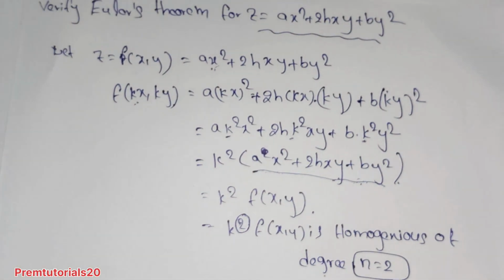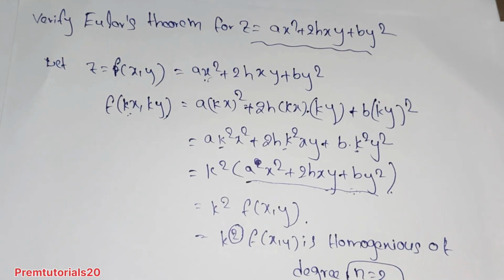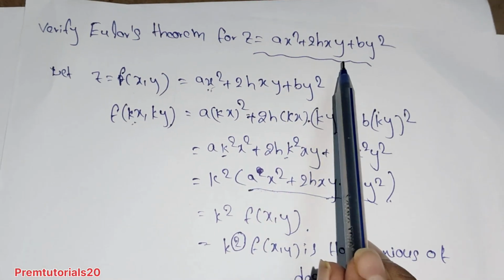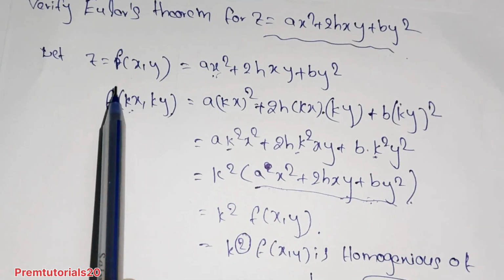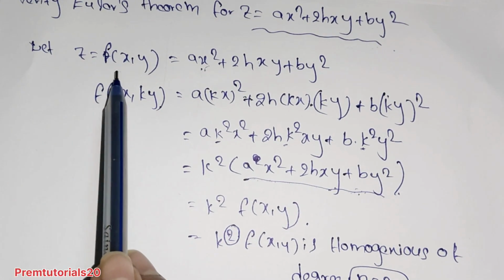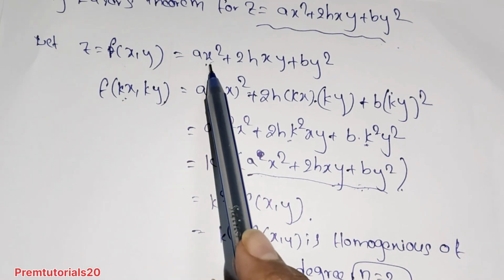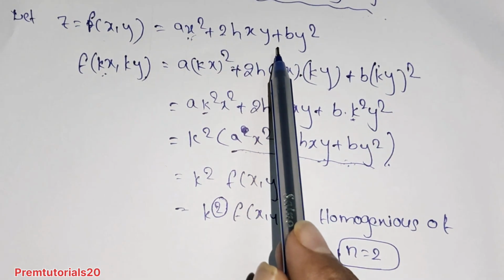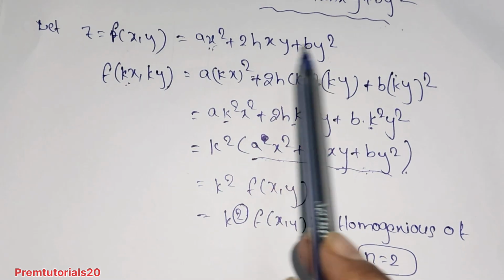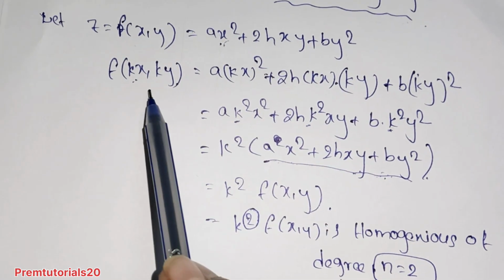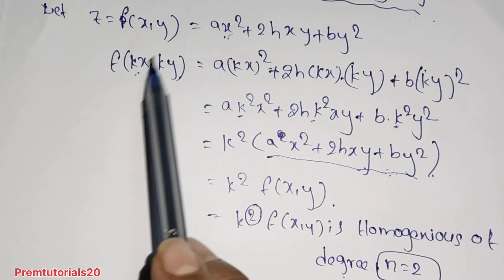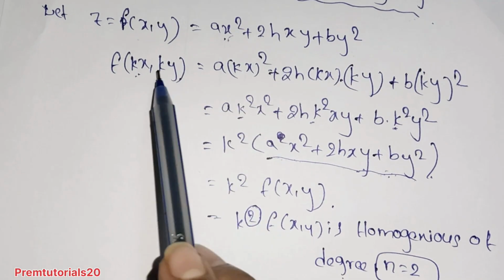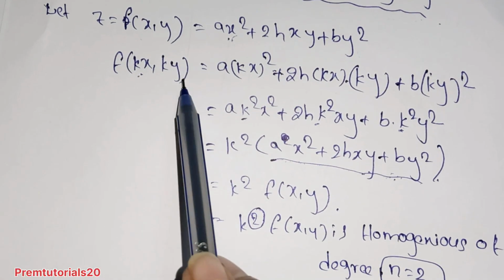The question says verify Euler's theorem for z = ax² + 2hxy + by². Initially we take the function f(x, y) = ax² + 2hxy + by². Next, in place of x we replace kx and in place of y we replace ky.